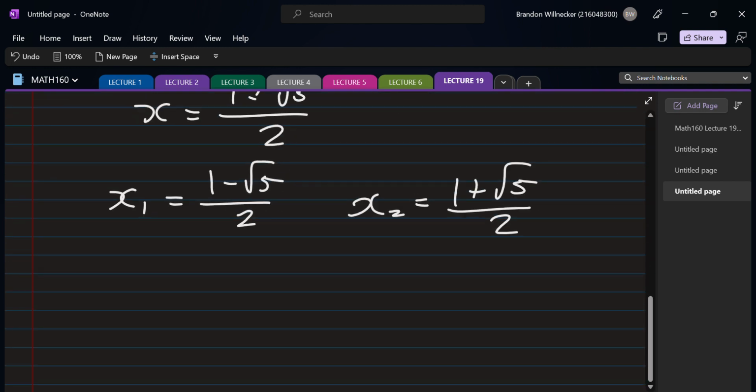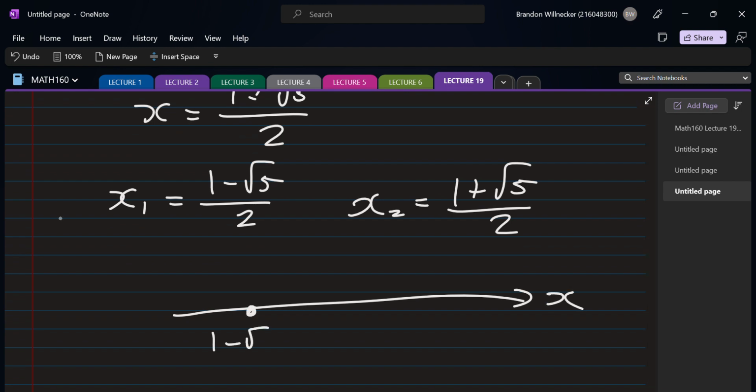So we can put this on our number line. So those are x values. At this point here, 1 minus root 5 over 2, and the other root here, 1 plus root 5 over 2. Okay, we know the shape of the parabola, happy face parabola. So on the first section here, it's going to be positive, negative, positive.